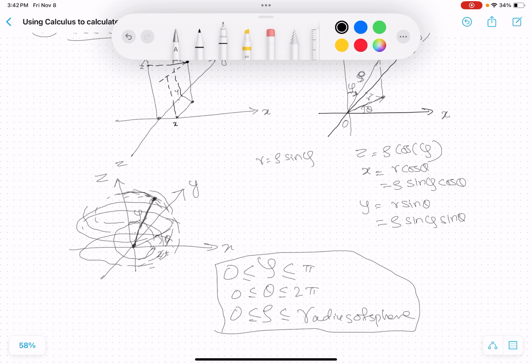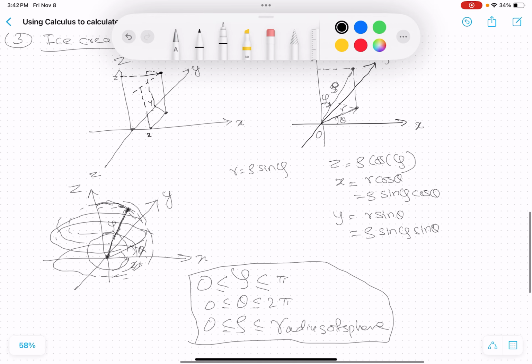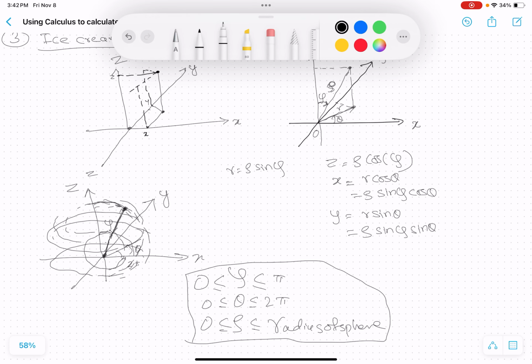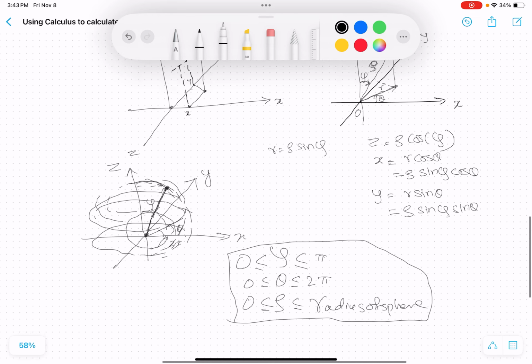And that's a really good observation. Now using this observation, we will try to find the volume of the sphere.